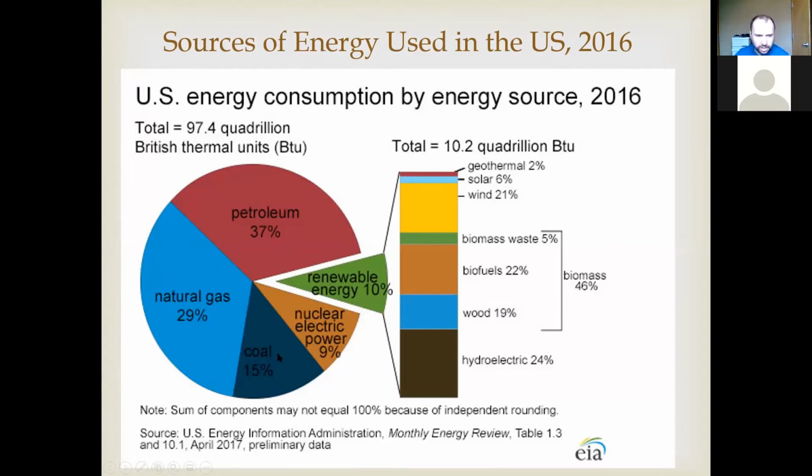So you can see a huge chunk of the pie: 37% petroleum, oil, 29% natural gas, 15% coal, 9% nuclear, right? So see how it's lumped off on its own, and 10% is renewable energies, right? So 90% of the energy that we consume isn't renewable, right? Only 10% falls into this renewable energy spectrum.